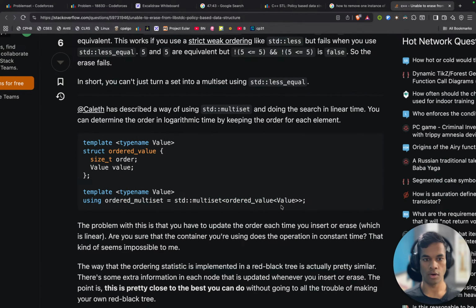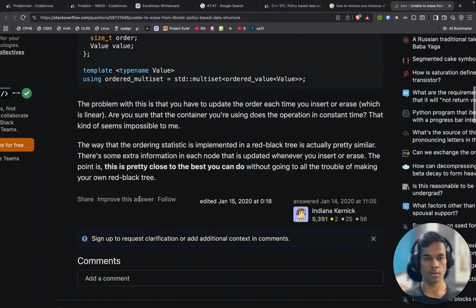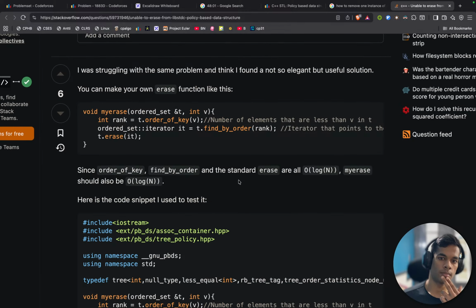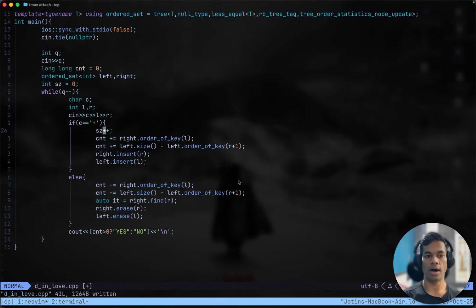Use multiset ordered, value type, ordered set. Find the iterator. Find by order.